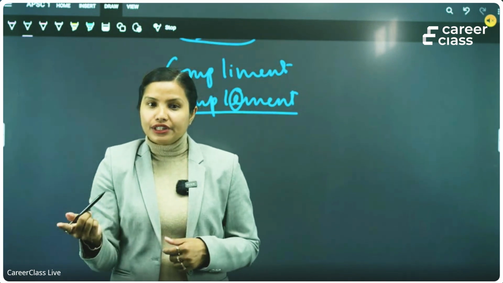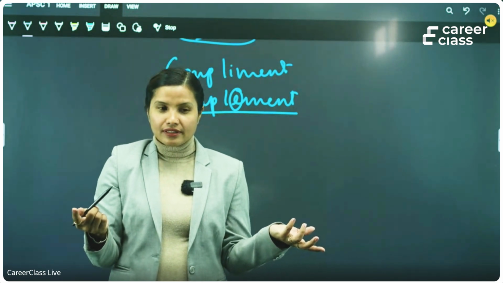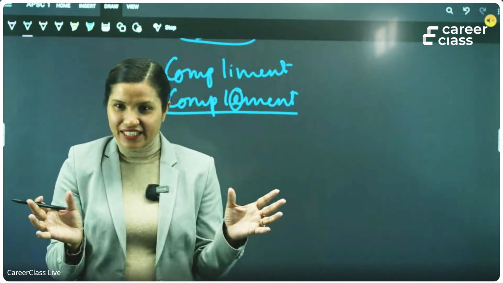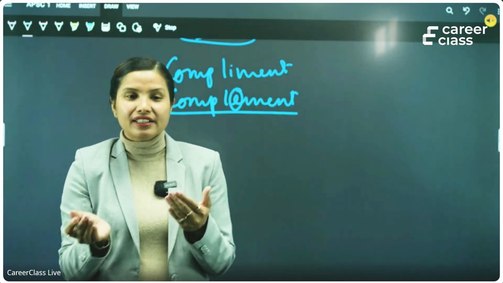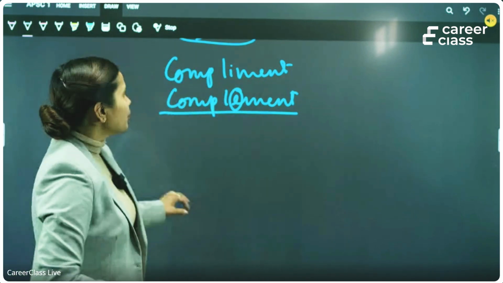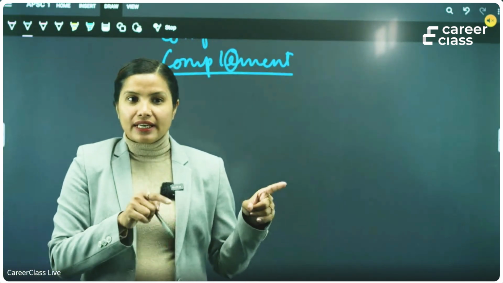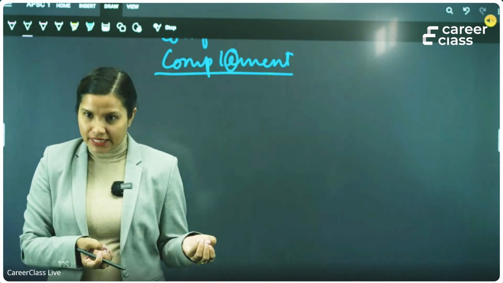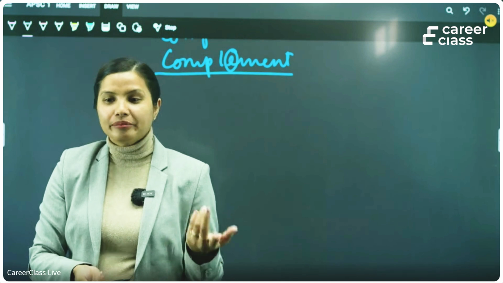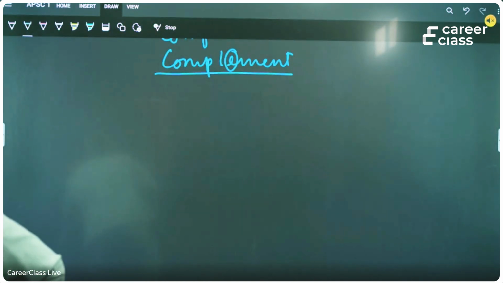So she complements him, which means they are both very good together, right? Her character enhances the entirety. So there is a difference between the two. One adds meaning to something else, and the other is to give nice compliments or praise. What else? Anything else?